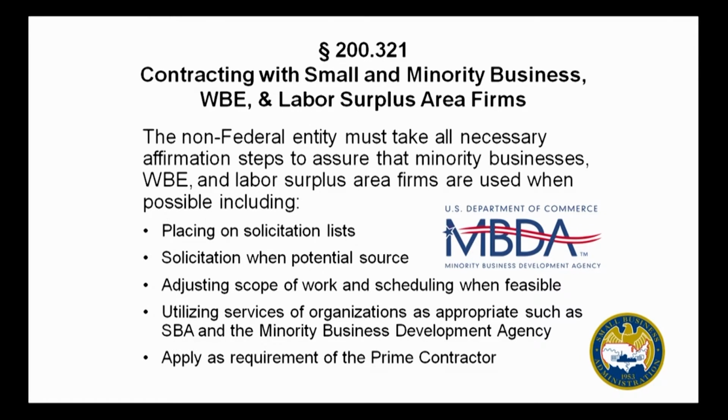There's also very explicit requirements for small minority business, women-owned businesses, and labor surplus areas. And it's very clear the federal and non-federal entity must take all necessary steps to assure that these type of businesses are used when possible.